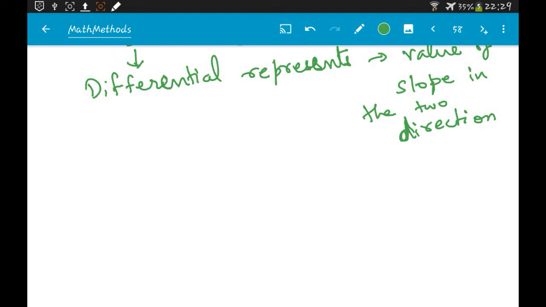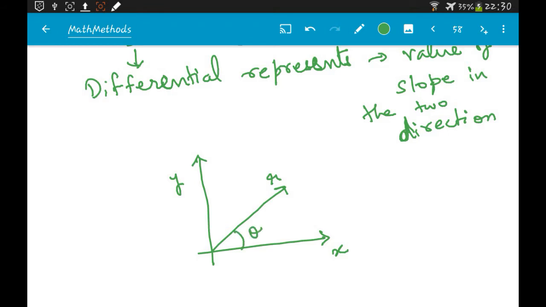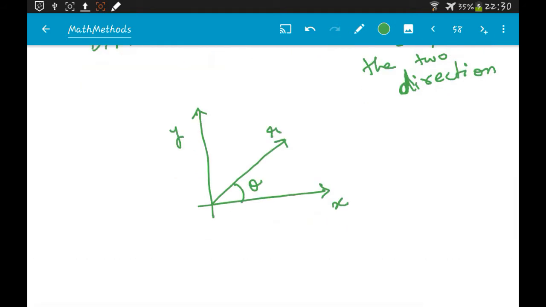So of course, if we represent it in polar coordinates, we will look at polar coordinates in detail later, but let's say you have a vector r in the xy plane. So this is your vector r, and it makes an angle theta with respect to the x direction, then we can write x is equal to r cos theta.